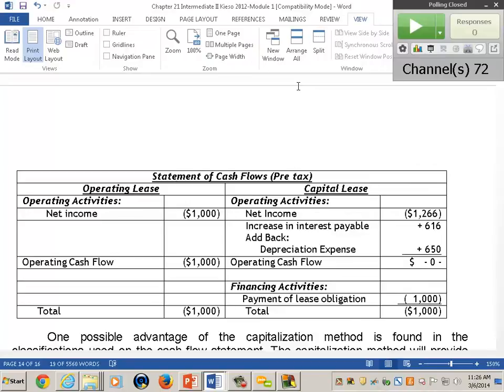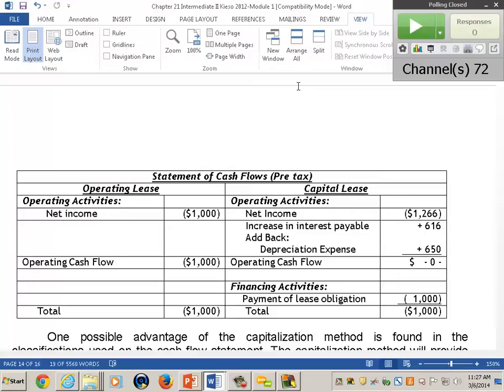Net income is reduced by depreciation and interest expense. Interest payable is a current liability. Increases in current liabilities represent obligations that were unpaid, added back in operating activities, and of course depreciation's an add back as well, so that you have no effect on operating cash flow. So you are doing better with a capital lease here as well.